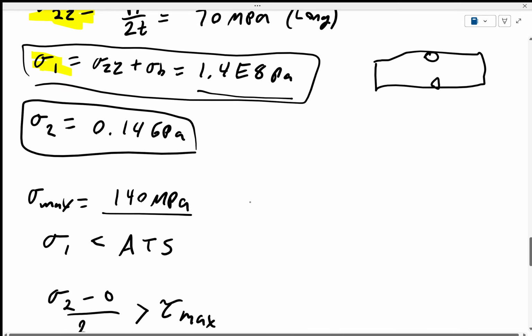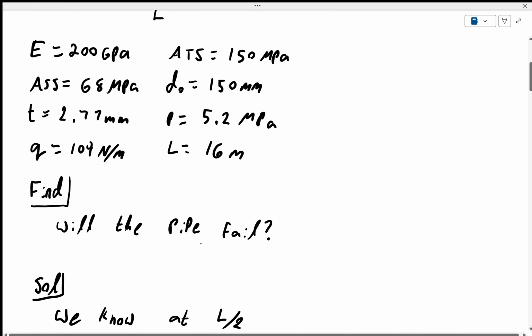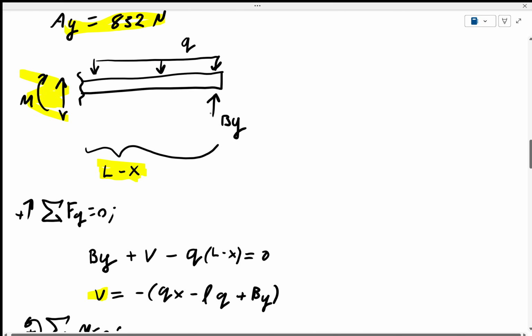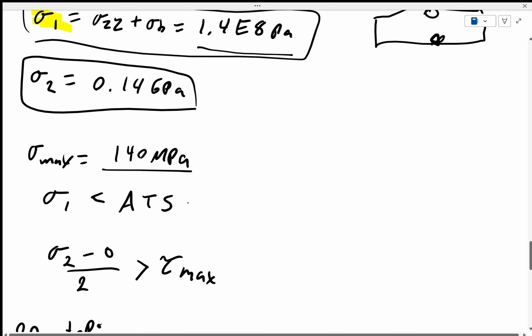We know that was in tension since it was on the bottom, as we showed there. And so 140 megapascals is less than the given 150, right? Yep, 150. Our ASS is 68, our ATS is 150. So we know it's not going to fail from tension by itself.